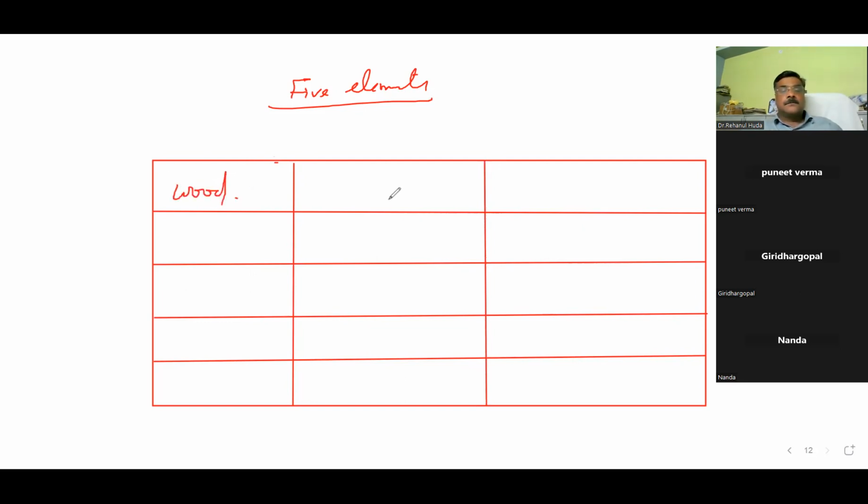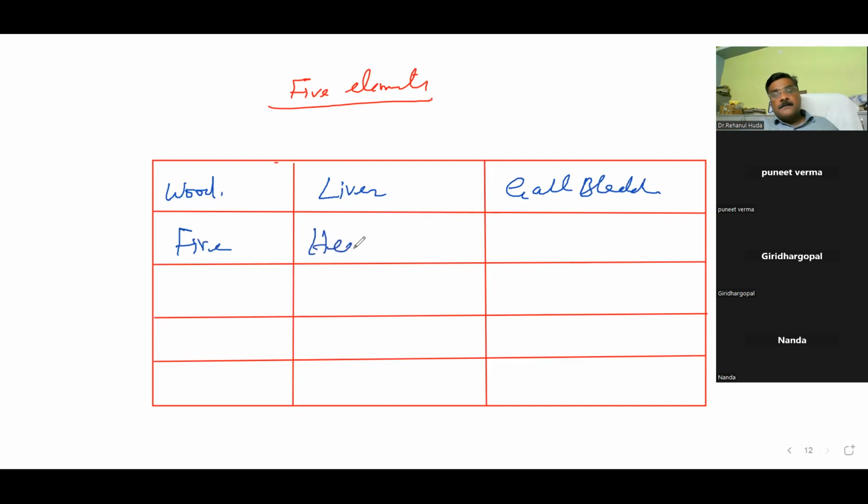So the wood element is governed by the liver and gallbladder, and the fire element is governed by the heart and small intestine.